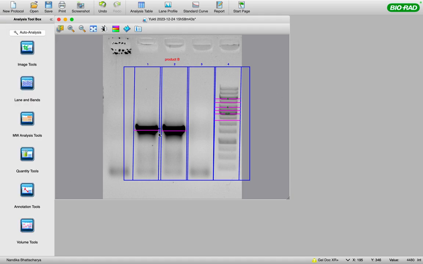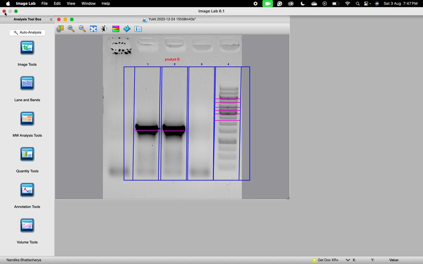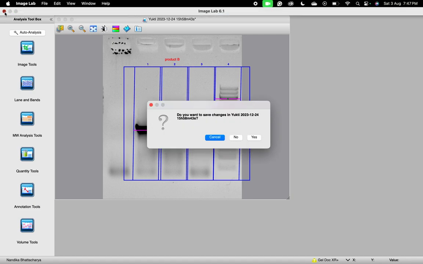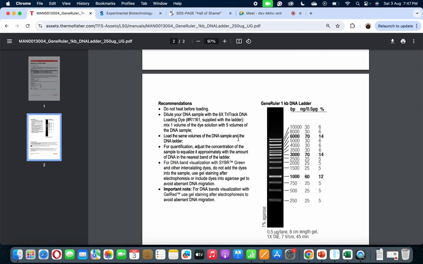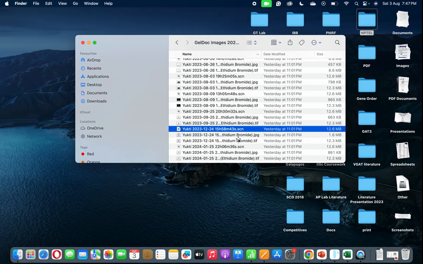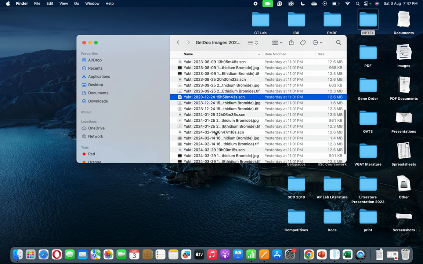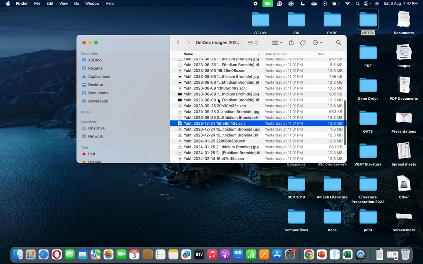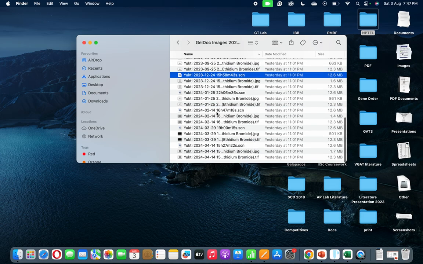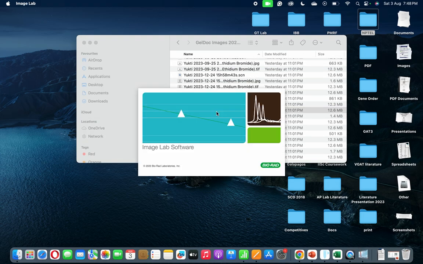And this volume tool is just another way to measure the quantity within each band. In this way you can analyze any number of gels. We can take a look at some more gels.